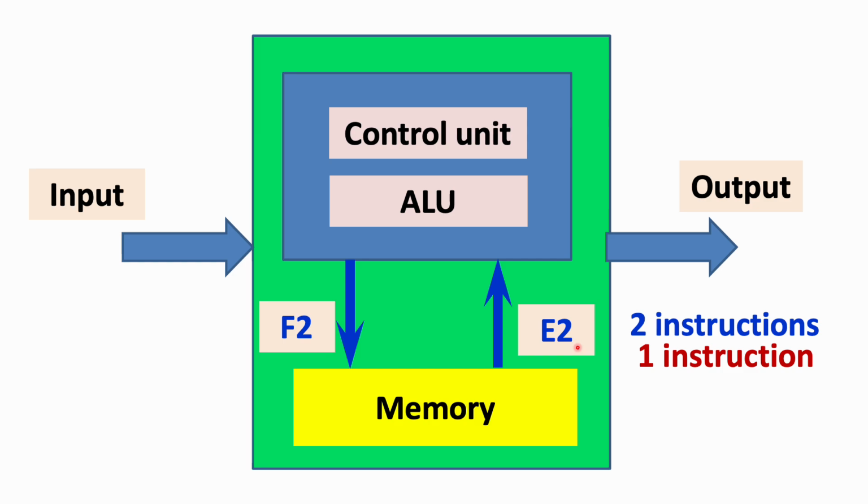If you observe clearly, it is happening serially, that is, sequentially, one after the other. Then the third instruction is also fetched first and executed later. So instruction 1, instruction 2, and instruction 3 are executed sequentially or serially.